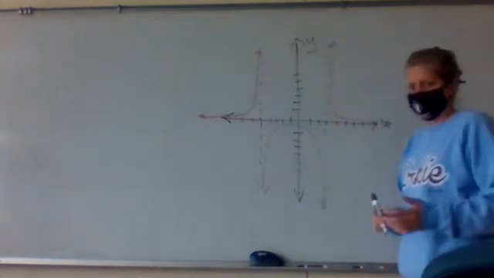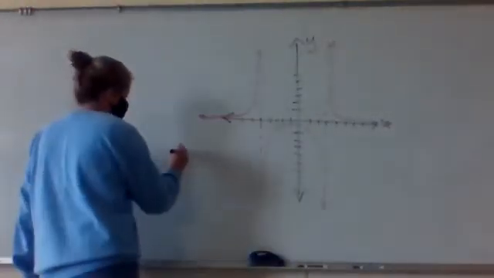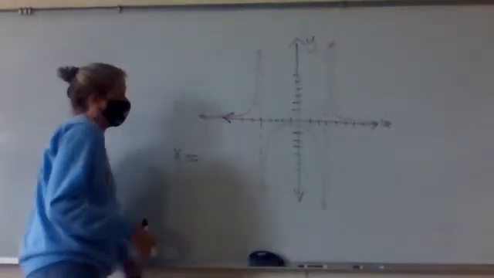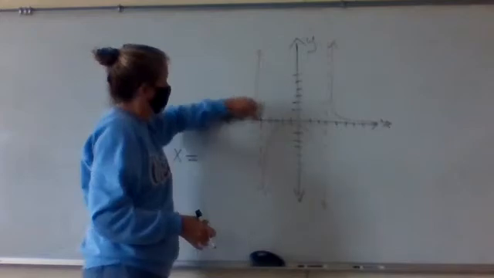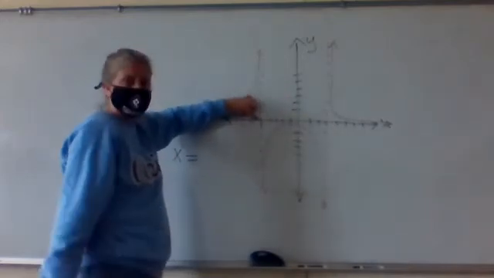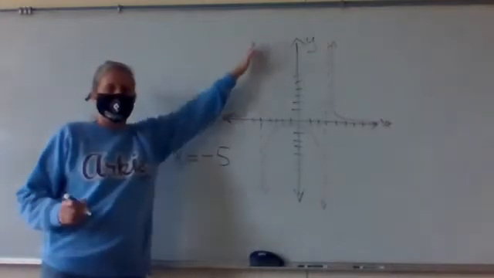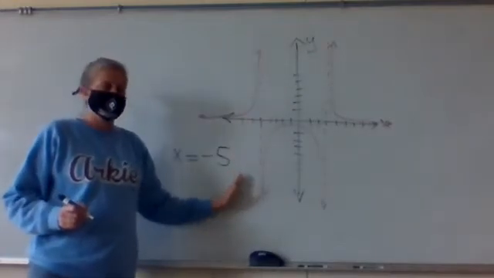All vertical lines come in the form x equals a number. For instance, this vertical asymptote is at 1, 2, 3, 4. So it's at x equals -5. That would be the equation of that vertical asymptote. X equals -5.